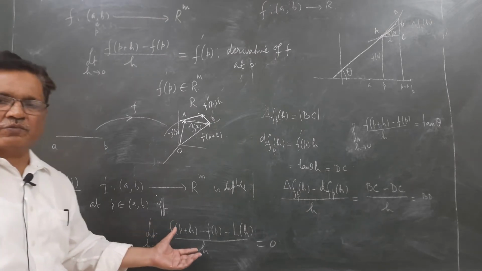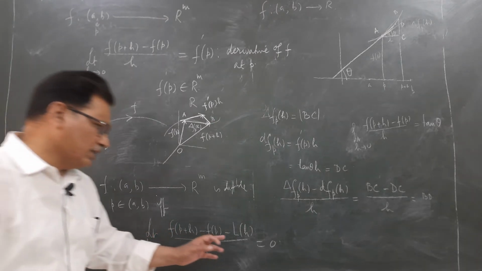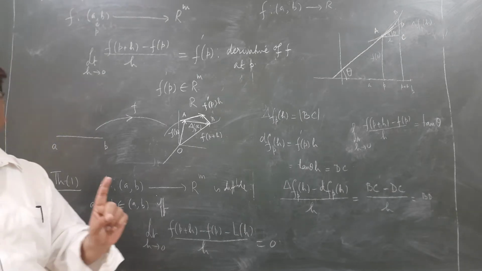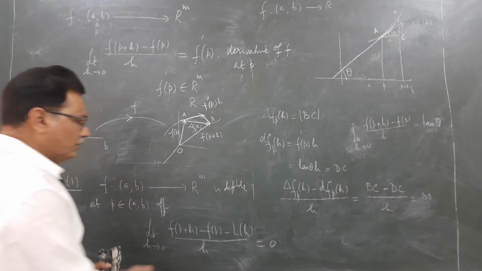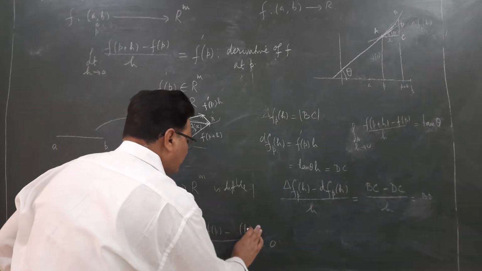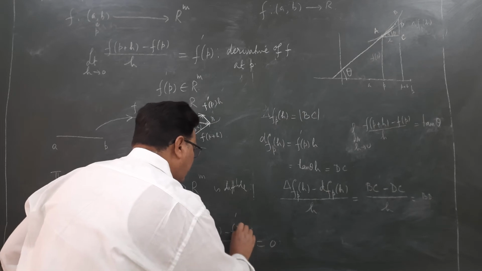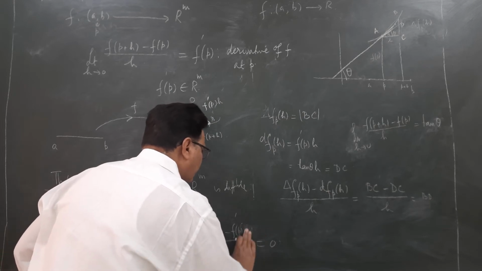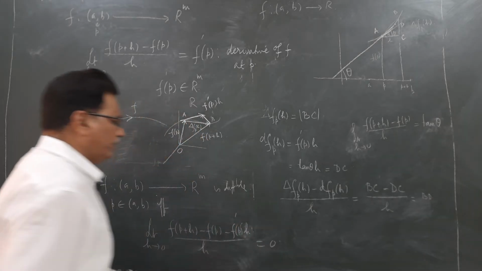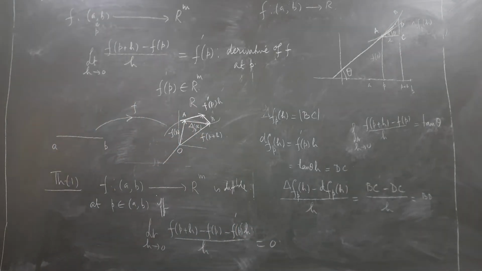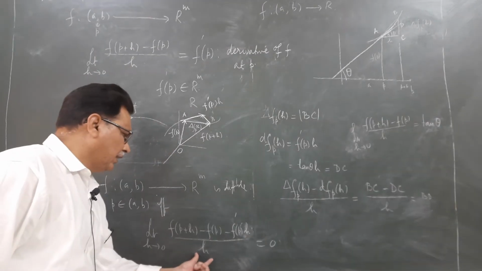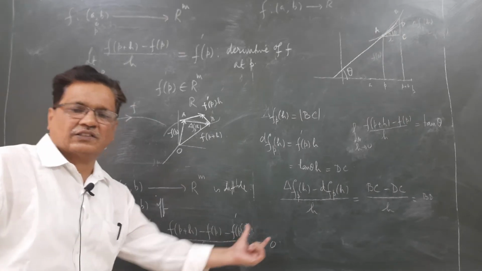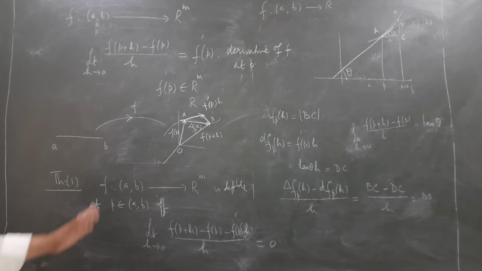So this is the same formula star. And once again you can show this L is unique. It was unique in the first case, it is unique in the second case also. Over there the proof was easier. So I will call it f dash p into h, or you may also call it df. So this formula also holds. So this is the linear change, this is the non-linear change, and this goes towards 0 faster than h. This is what our demand is for a function f to be differentiable at the point P.